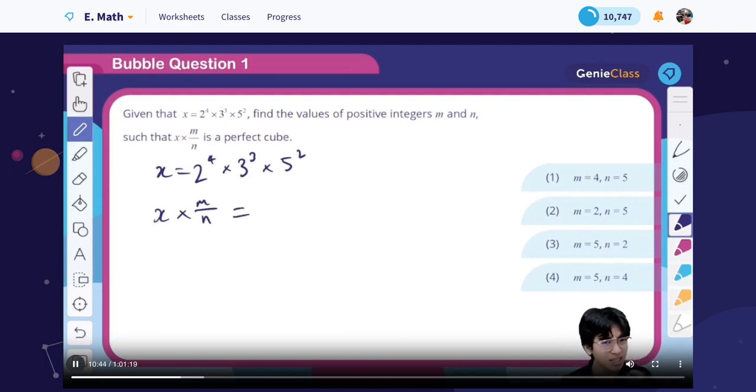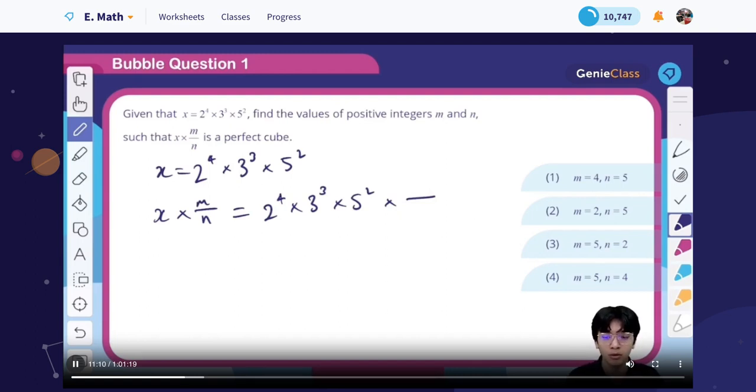Let's just assume that m is not 0, because if m is 0, then 0 is technically a perfect cube, since it's 0 cubed. So we copy out x and then times this fraction over here, which we want to find out.